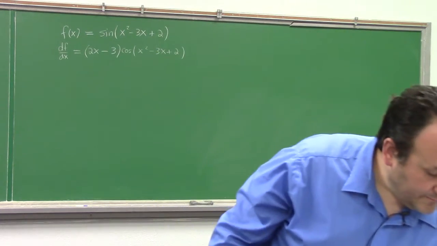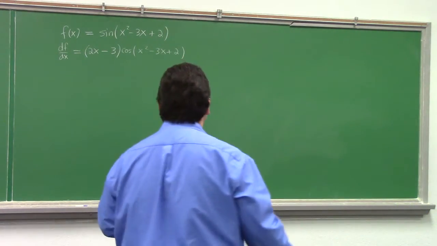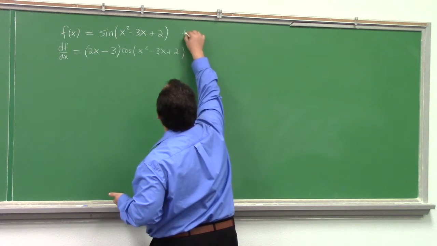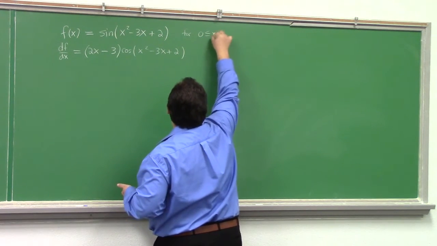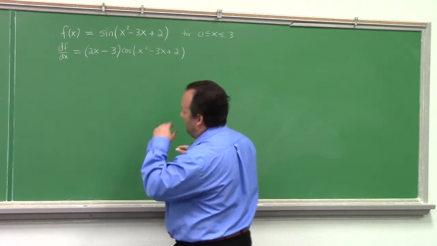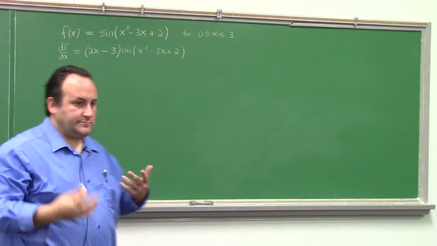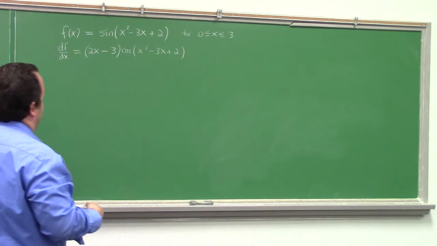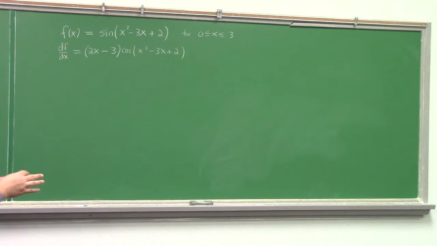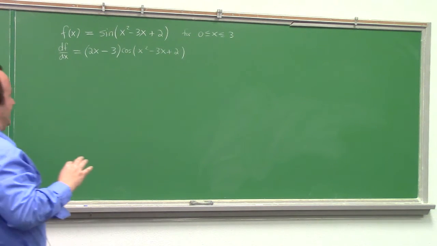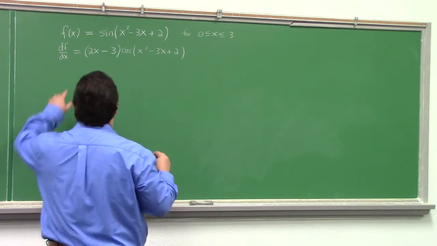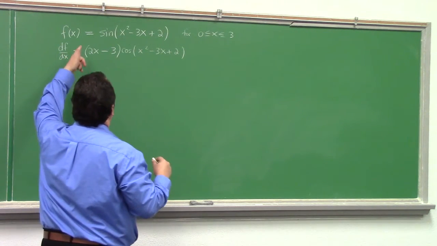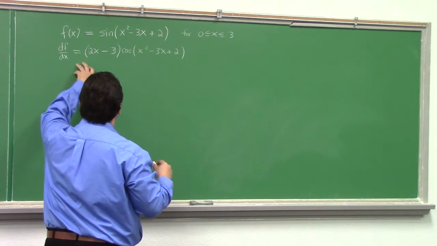Now, there's a context here, which is 0 less than x less than 3, right? And we have to figure out where is that 0. First of all, let's take a look back at the function as well. What's this function equal to?